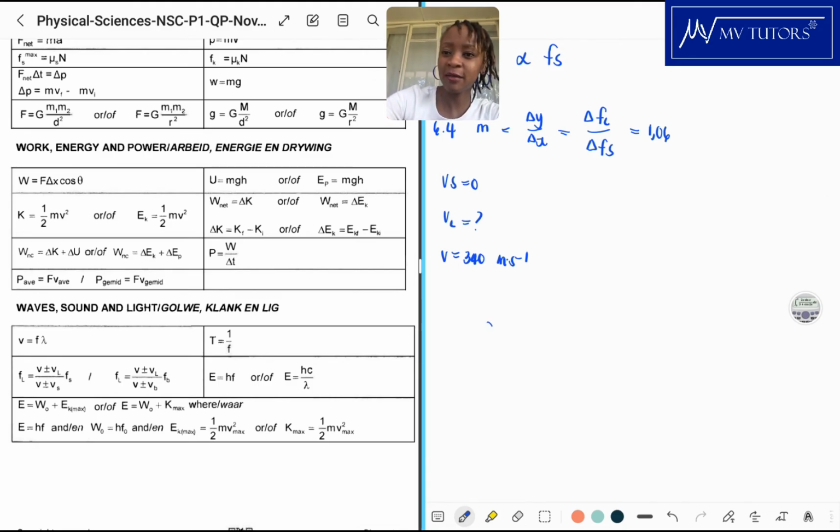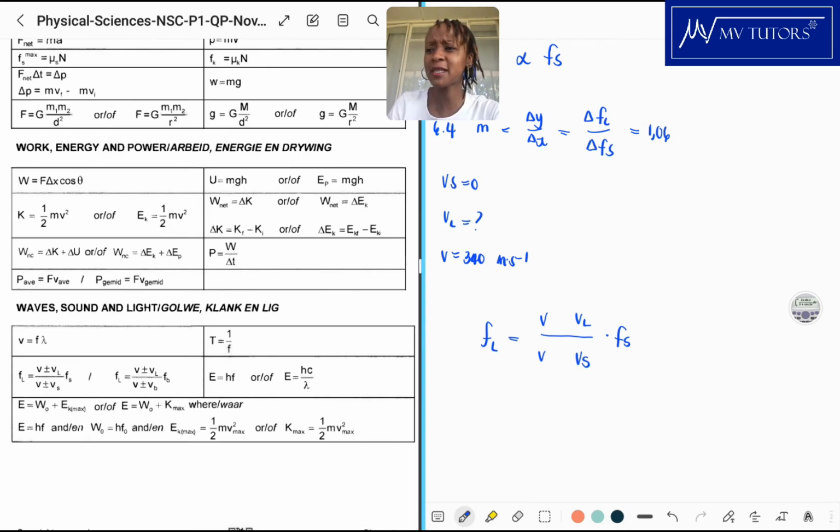So we see that the frequency of the listener is equal to the velocity, and we are going to talk about whether we have a plus or a minus there. Velocity of listener, then we have speed of sound and speed of the source, and all of that is multiplied by the frequency of the source.